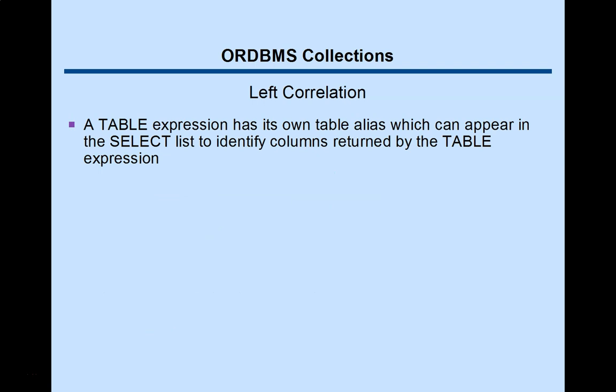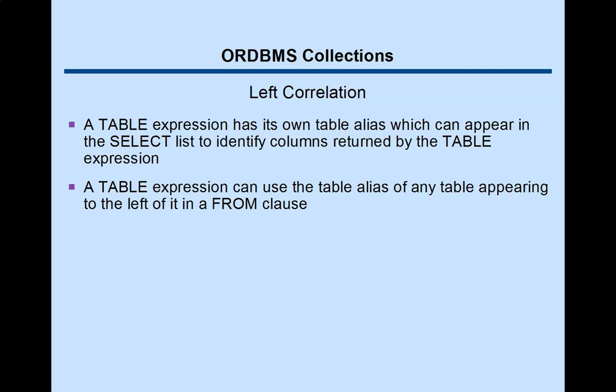A table expression has its own table alias, separate or distinct from the alias of the containing or parent table. This table alias can appear in the select list to qualify columns that were generated by the table expression.